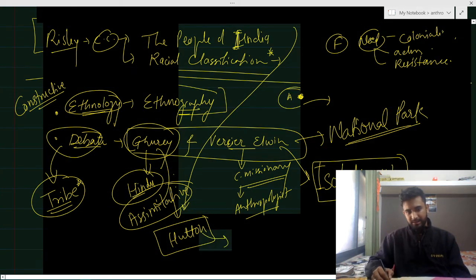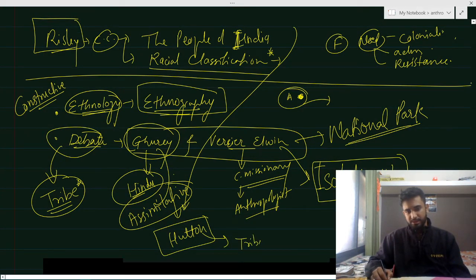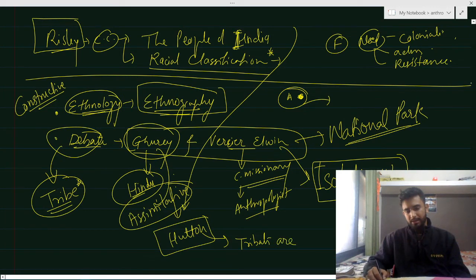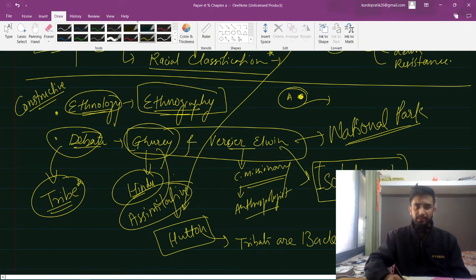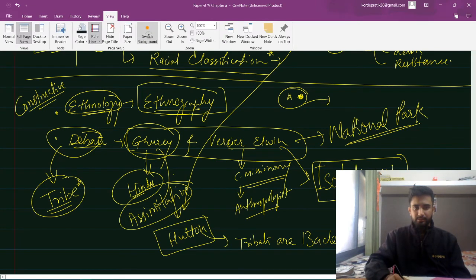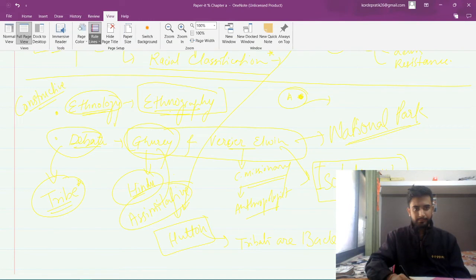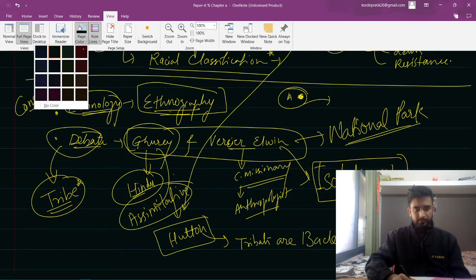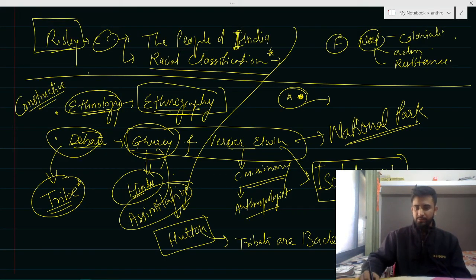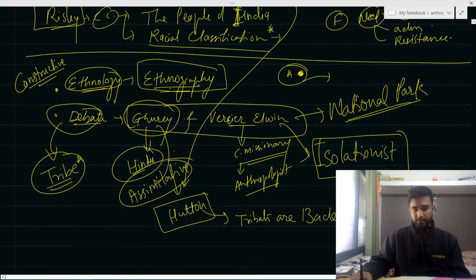Hutton said that the tribals are backward Hindus. So this is what Hutton says. So this is all about the debate.